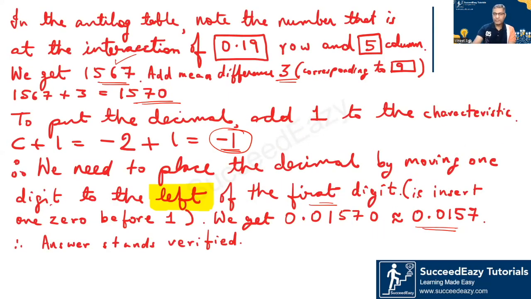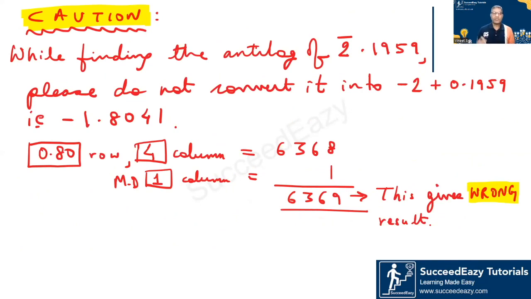Clear? Now here is a word of caution. While finding the antilog of bar 2.1959, please do not convert it into -2 plus whatever, that is -1.8041. Don't do that.